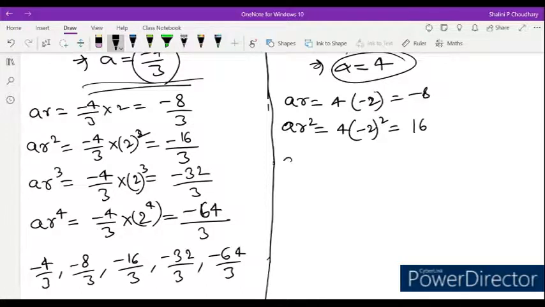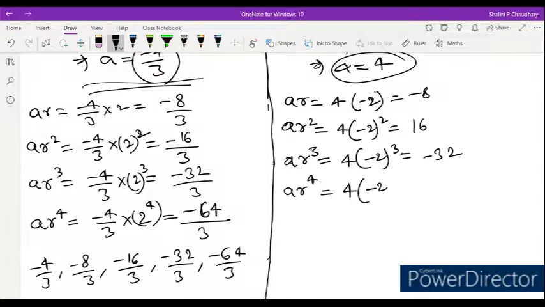AR cube, that is the fourth term, 4 into minus 2 whole cube, that is minus 8, so minus 8 into 4 will be minus 32. Now AR to the power 4, that is the fifth term, 4 into minus 2 to the power 4. Now minus 2 to the power 4 will be 16 and 16 into 4 will be 64.